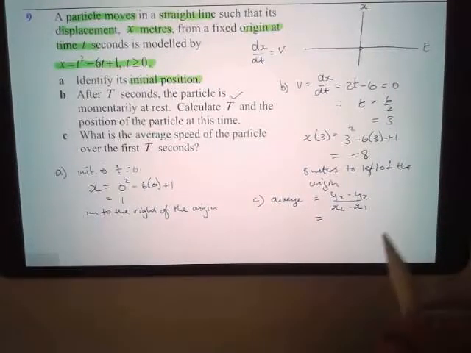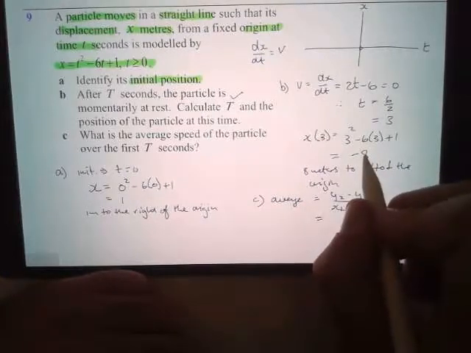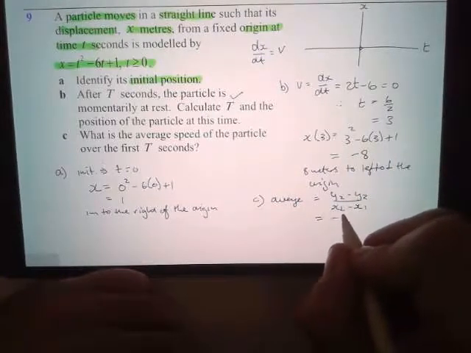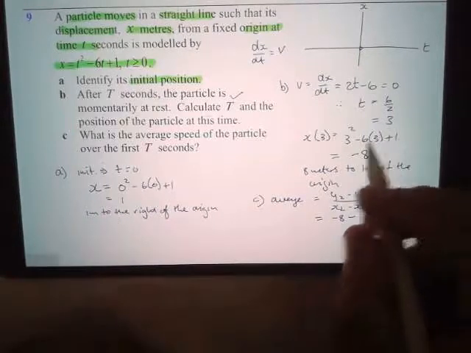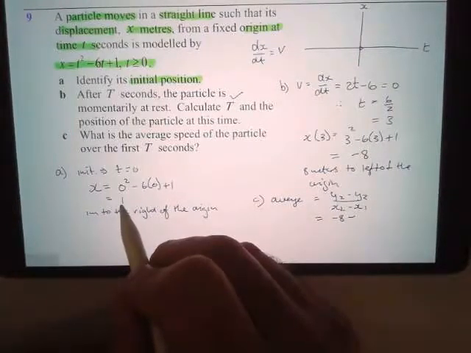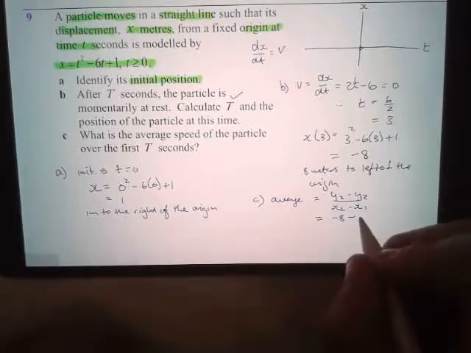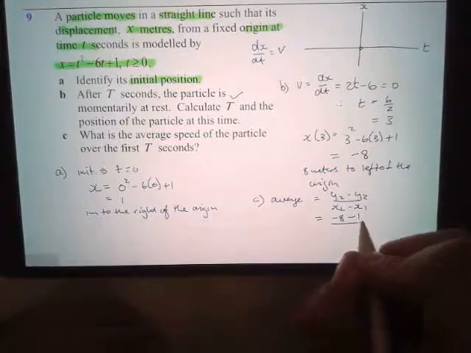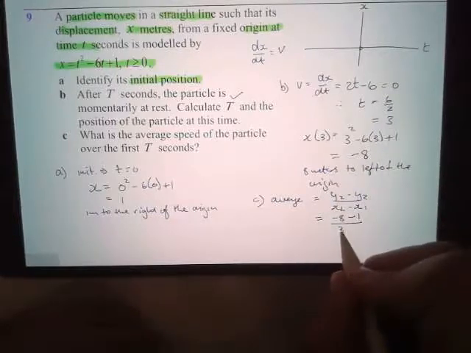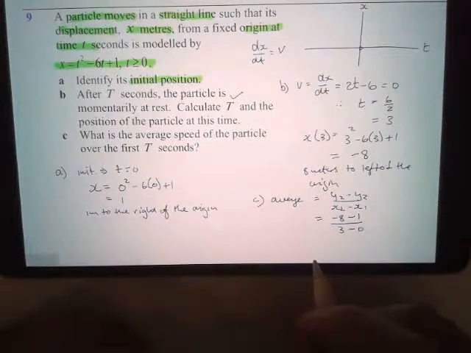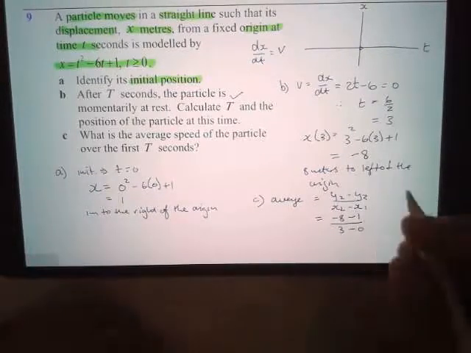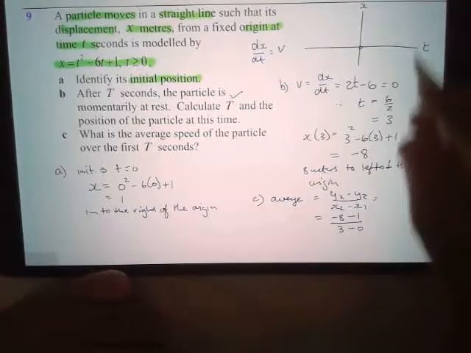So when t is 3, x is minus 8, take away initially, when t was 0, x was 1, divided by 3 minus 0. Because that's my x, that's my t. So I'm just going to change it. It's just confusing with the x's.